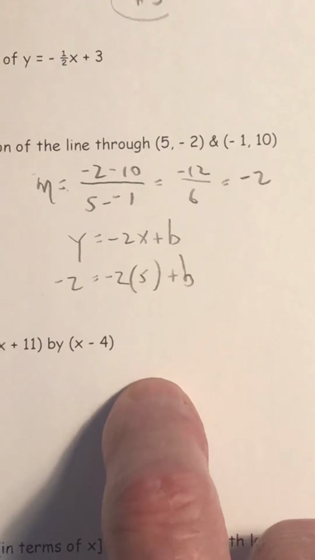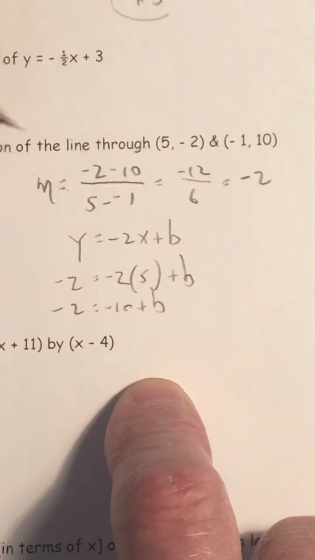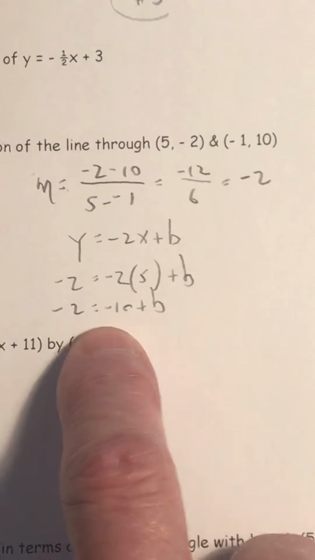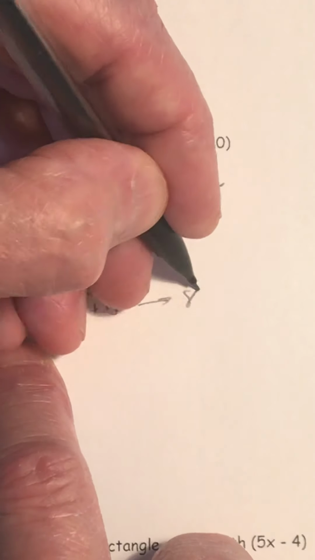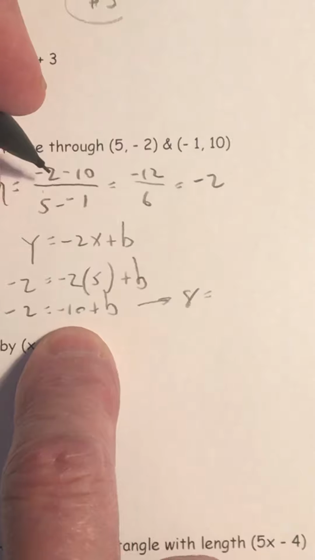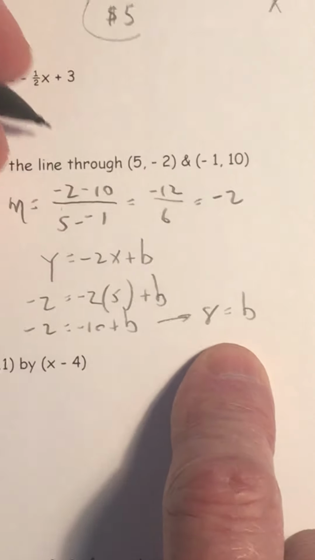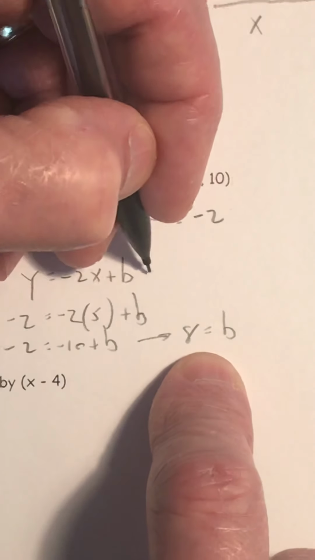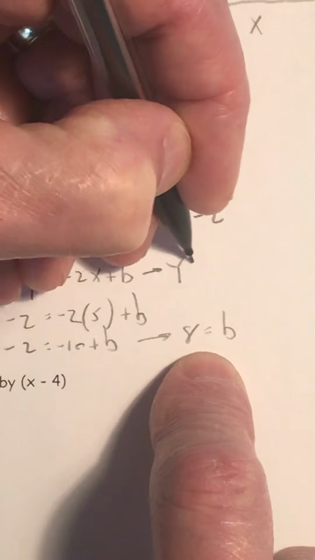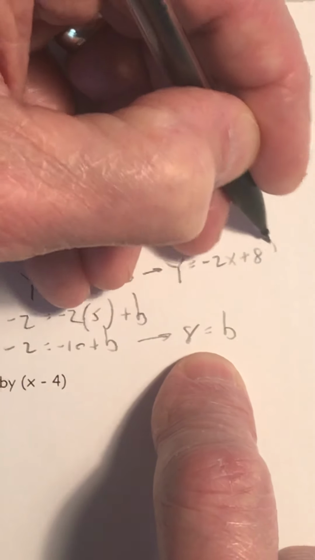And that makes a negative 10. And now we would add 10 to both sides. If we add 10 to the left side, we get 8. If we add 10 to the right side, that kills the minus 10, and we get the b. There's the y-intercept's y value. That means our complete answer is this: y equals negative 2x plus positive 8.